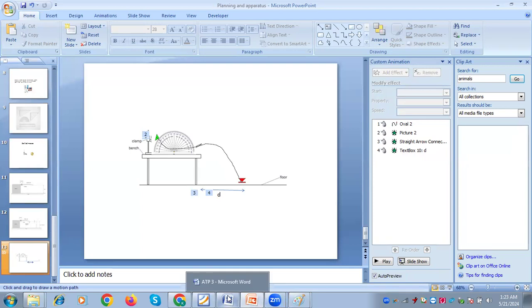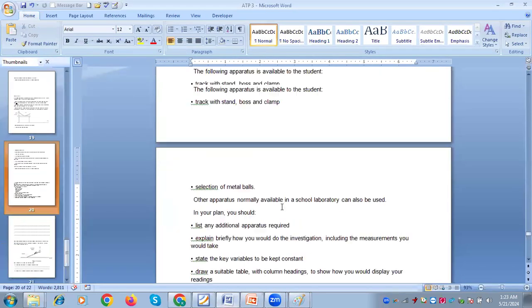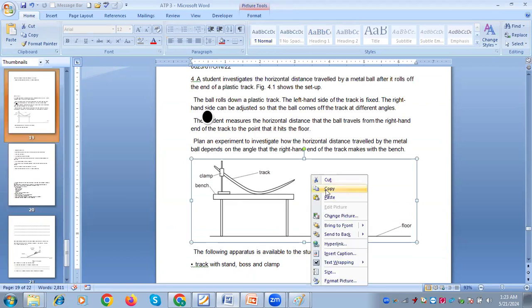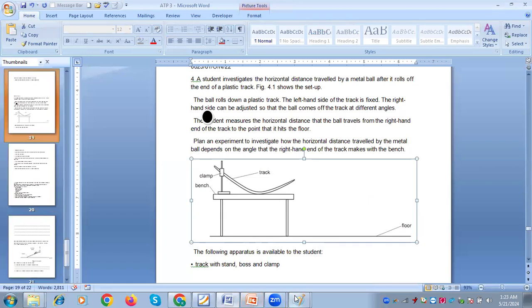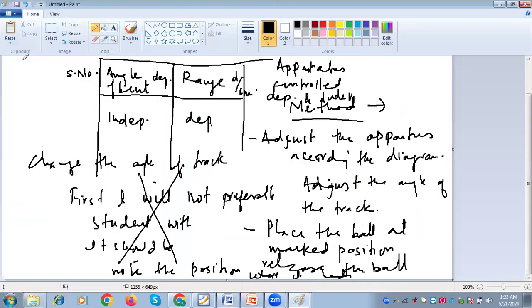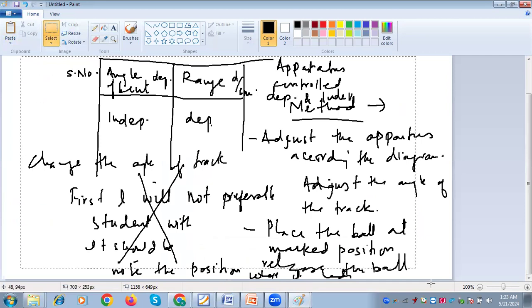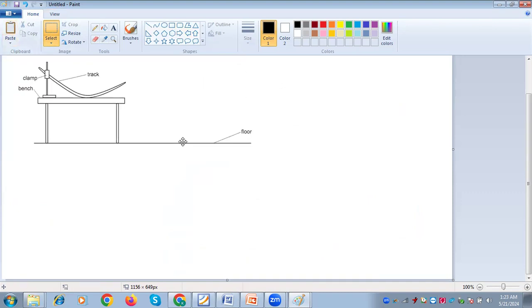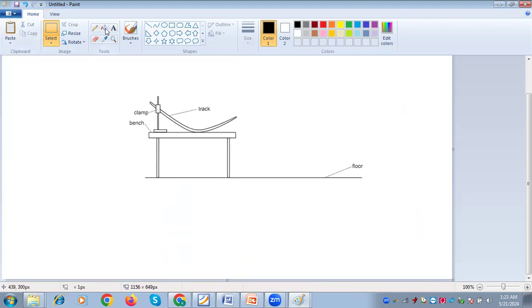Let me go to the diagram here in the question. So how will you note down whether the track is horizontal? We may note down the vertical height at the two ends.